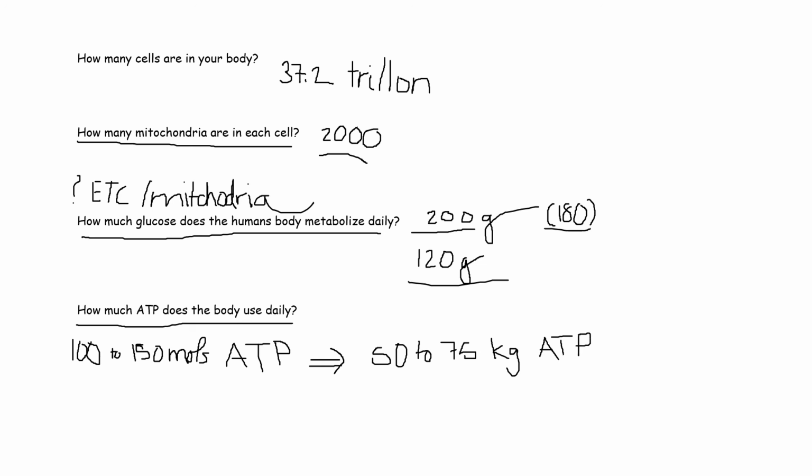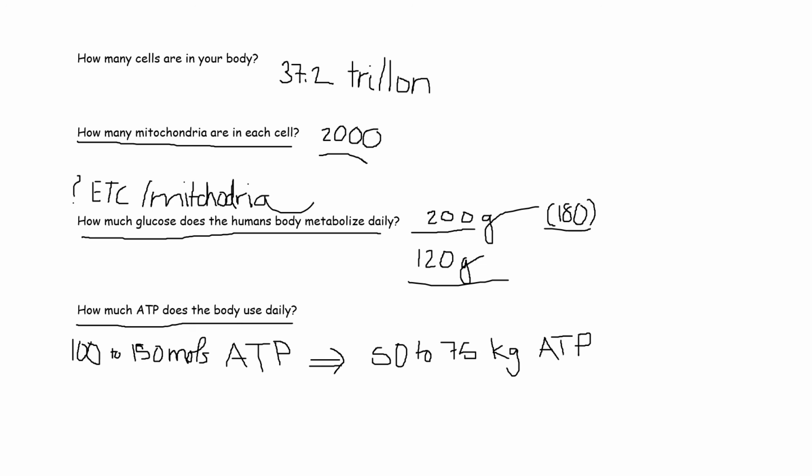So essentially, your body uses a mass of ATP in one day that's basically equivalent to your body mass. And that means that those cells in your body are working hard every day, producing ATP, and also conducting all the other processes that happen in them, which we haven't even begun to touch on in this course.